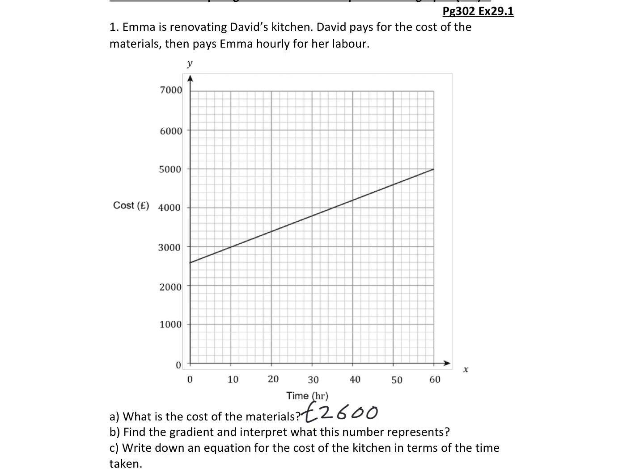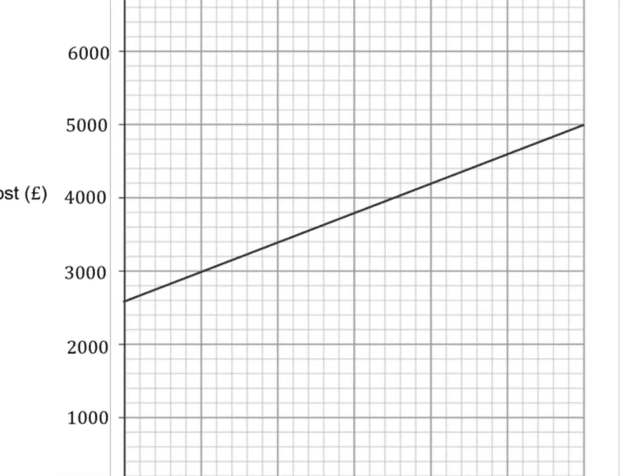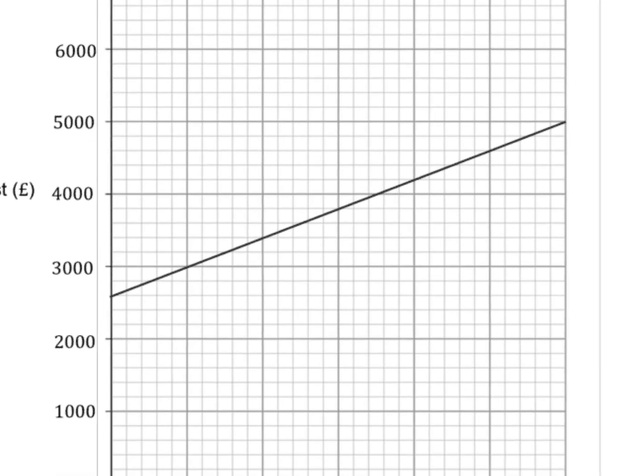Okay, part B is to find the gradient and interpret what this number represents. To find the gradient, you're best choosing the extreme points so it's accurate, because quite often points are very close to corners but not exactly on the corners. So I'm going to take the full graph here, take this point and take this point, and then draw my right angled triangle in from there.